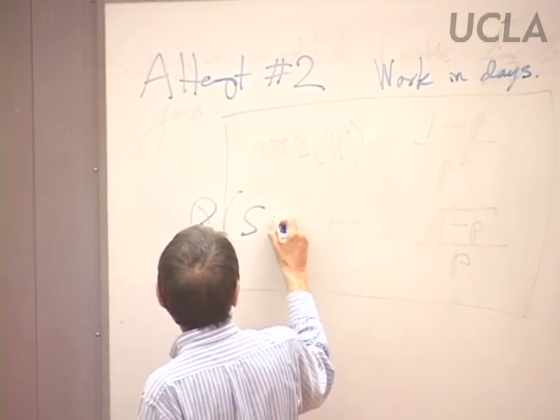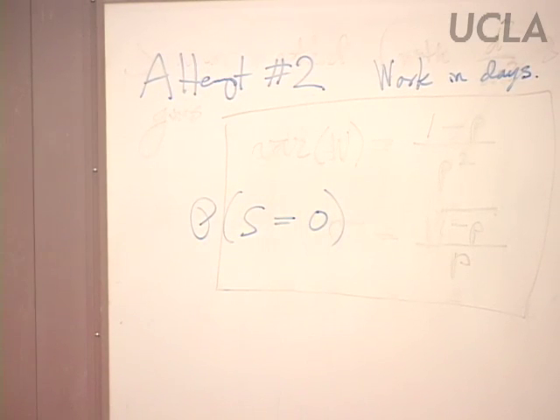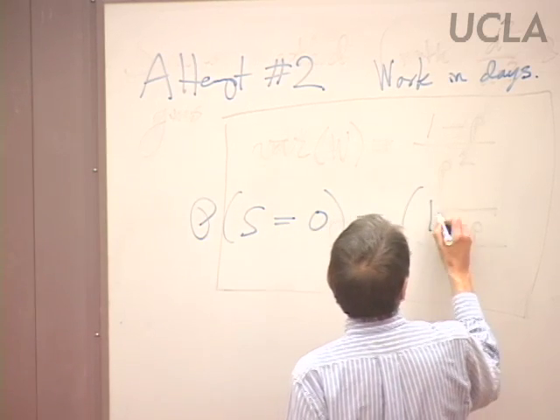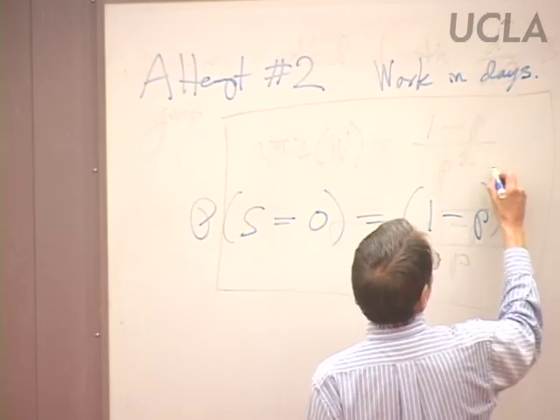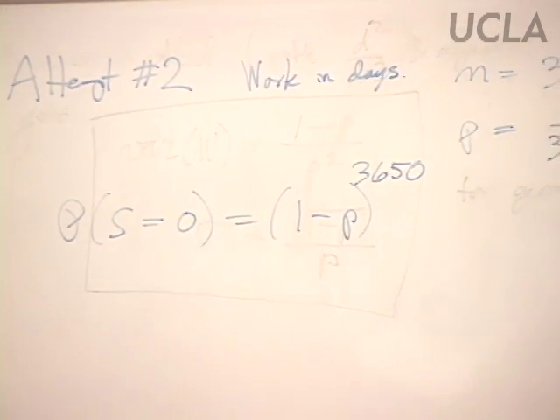And if we work in days, the probability of 0 successes, that is, no earthquake in these 3,000 and some odd days, is 1 minus p to the power of the number of days, where p is this.